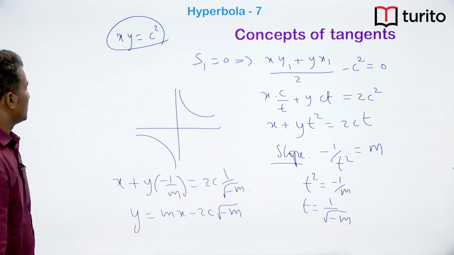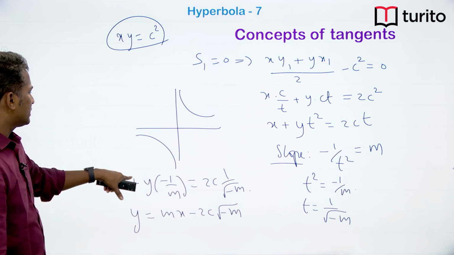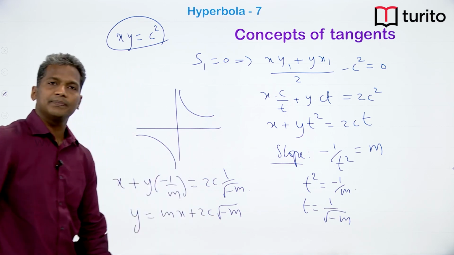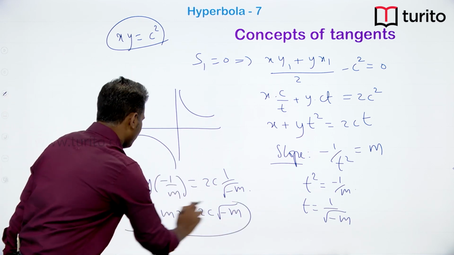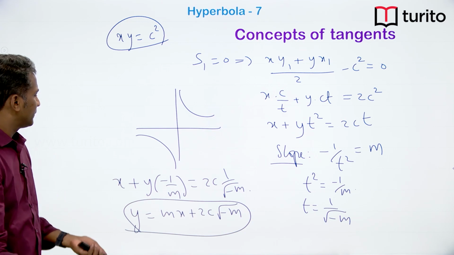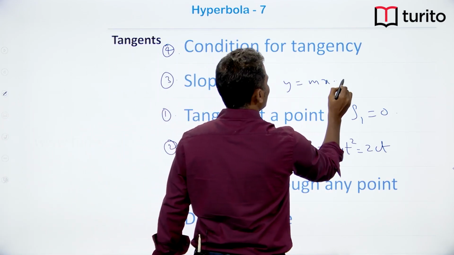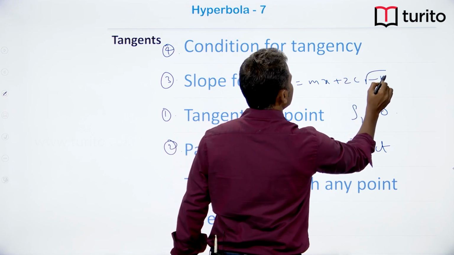Let me check the sign here. It becomes minus, so it becomes plus here. Okay. So, this becomes the slope form of the tangent: y equal to mx plus 2c into root of minus m.